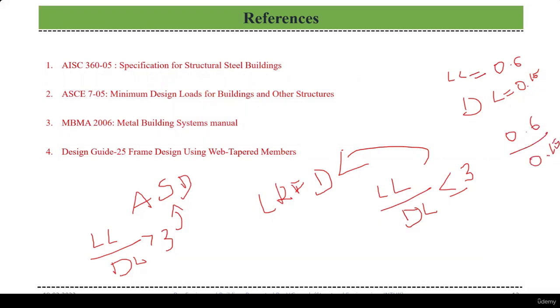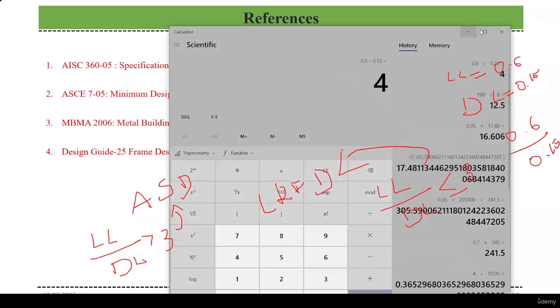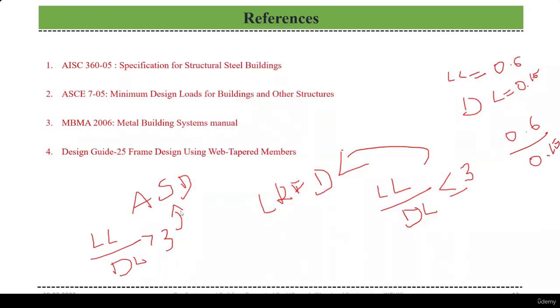How much will it be? 0.6 by 0.15 gives you 4. So this is greater than 3. In this case, we can use the ASD method of design, allowable stress design. If it is less than 3, we can use LRFD design.